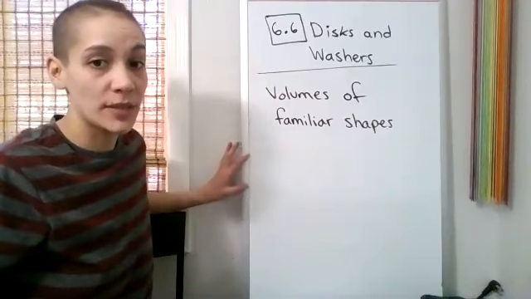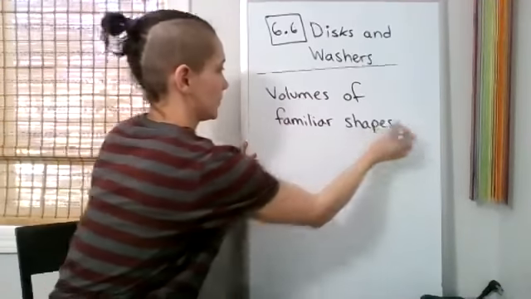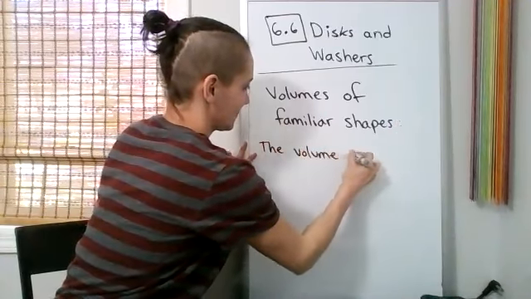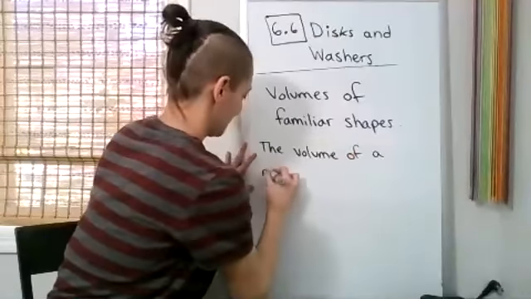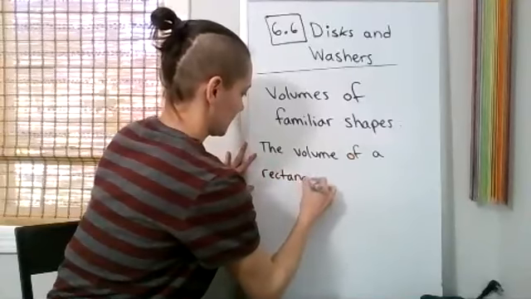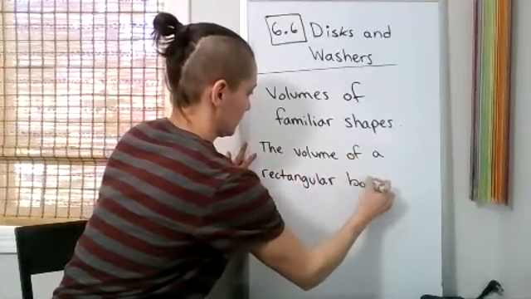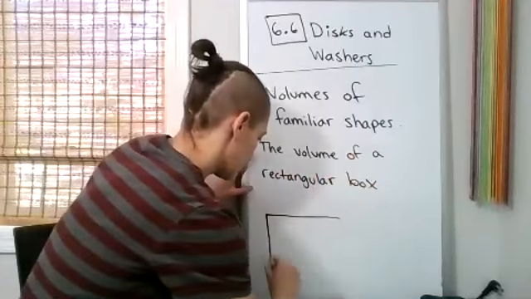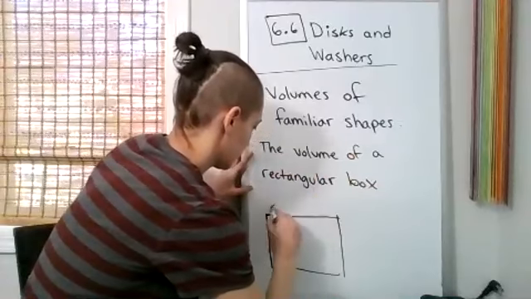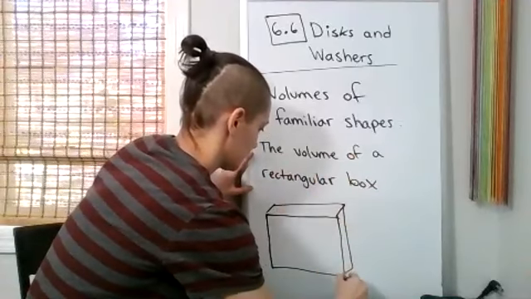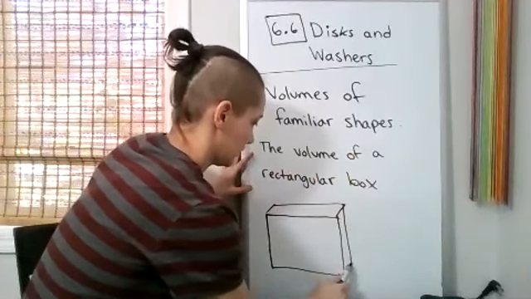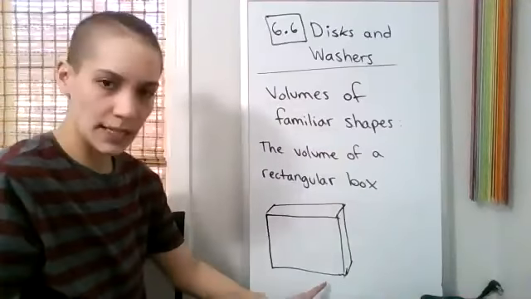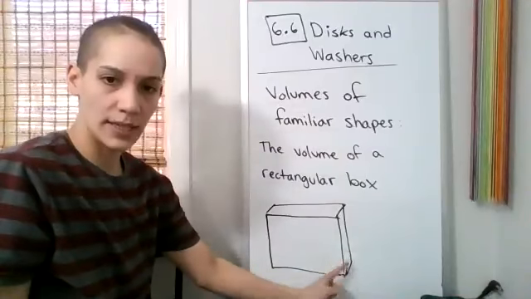Okay, the volume of a rectangular box, which we will draw on the side of this. Let's do length and then width, height.